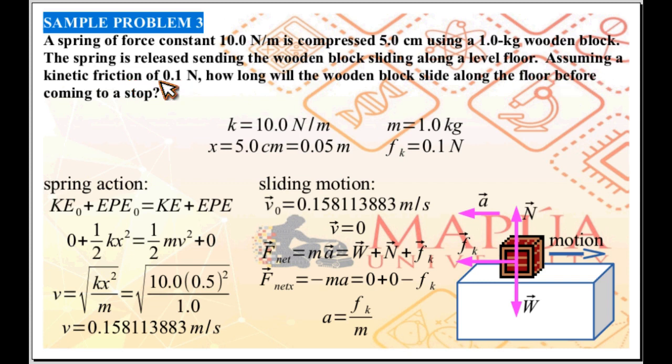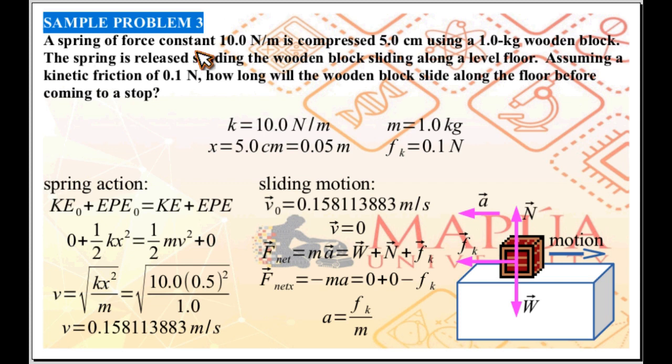Assuming a kinetic friction of 0.1 Newton, that is to say, between the wooden block and the level floor there is friction, kinetic friction of 0.1 Newton. How long will the wooden block slide along the floor before coming to a stop?